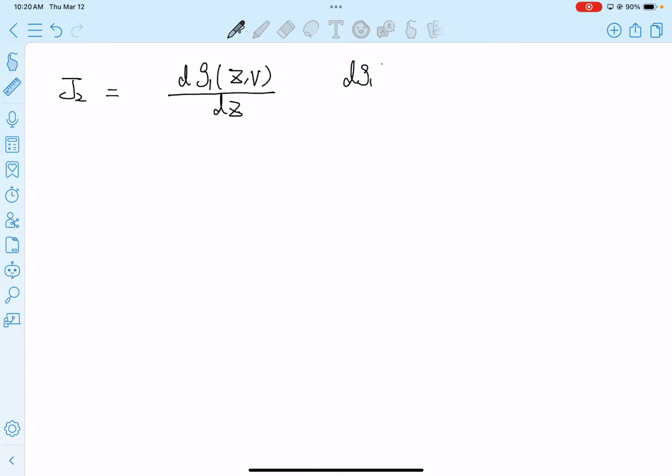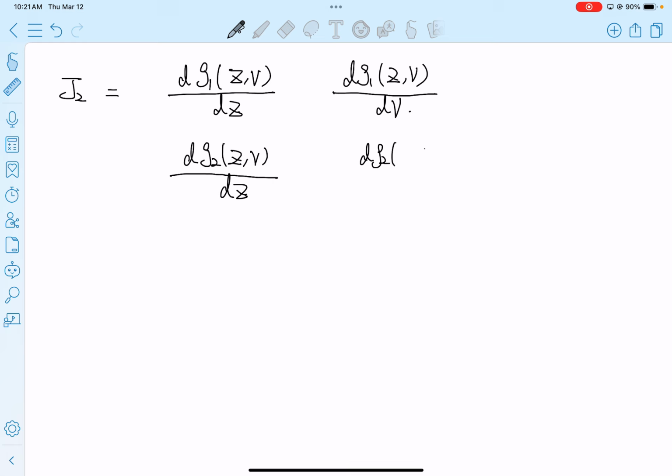We also have g1 of z and v with respect to v. For the second row, we have g2, which is also a function. Okay, and then we calculate the determinant of this 2 by 2 matrix. Here, I'm just copying down the formula, but using the variables in this context here.